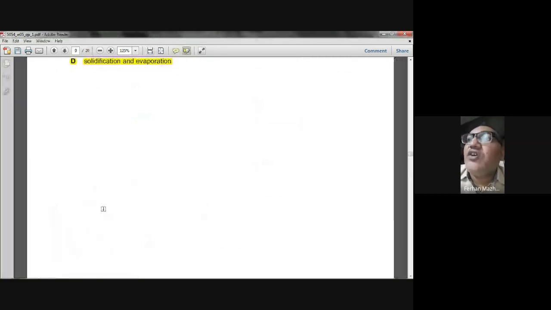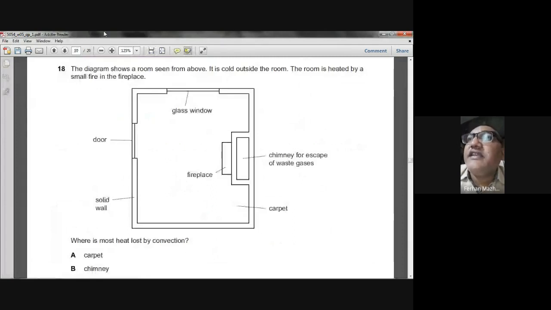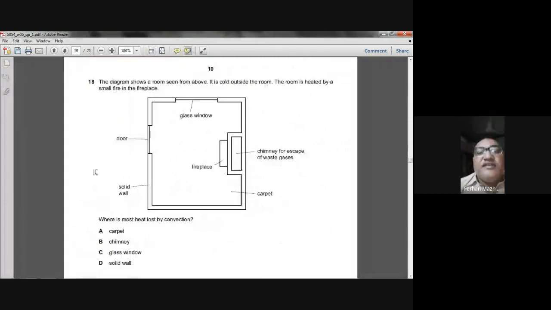Okay, so we are moving to the next part, question number 18. The diagram shows a room seen from above. It is cold outside the room. The room is heated by a small fire in the fireplace. Where is most heat lost by convection? By convection, you need air or a liquid.